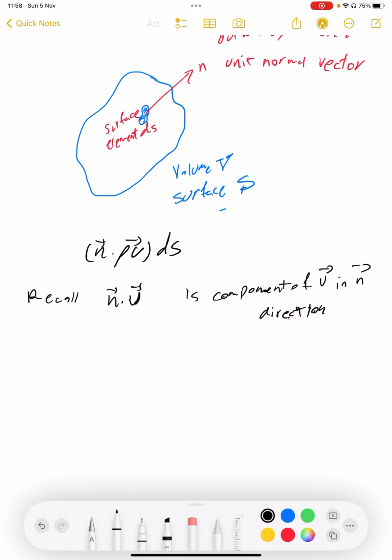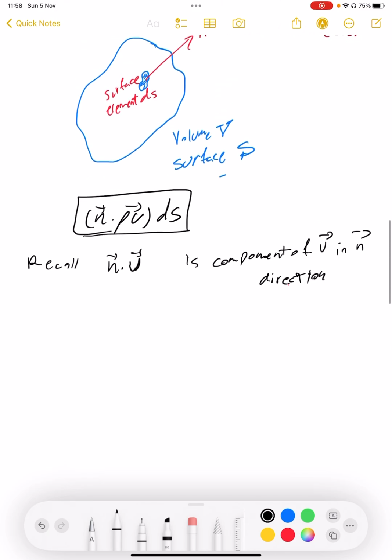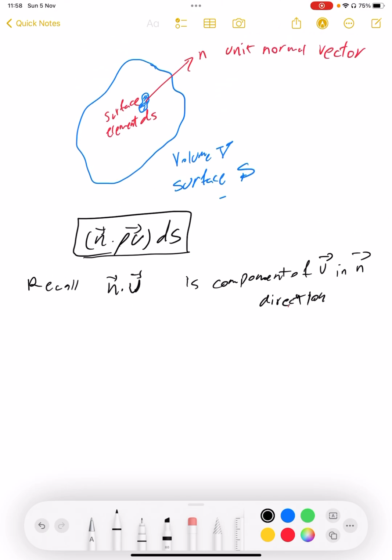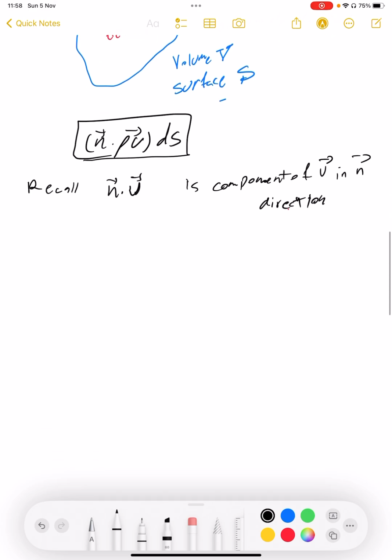All right, so this is the mass flow rate which is coming through the control volume through this tiny little surface dS. And if I want to talk about the law of conservation of mass, it's telling me that variation of mass inside my control volume, if I want to write it mathematically, is the variation of mass in time inside my control volume, which is density multiplied by dV.